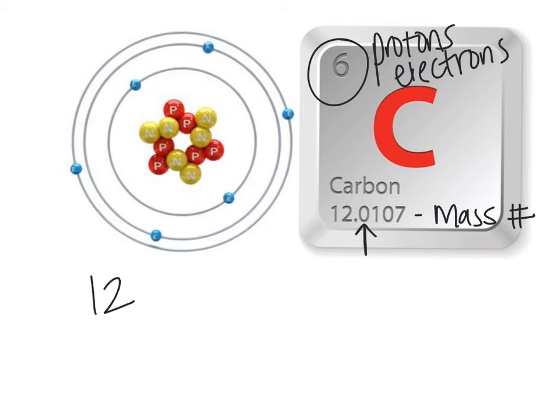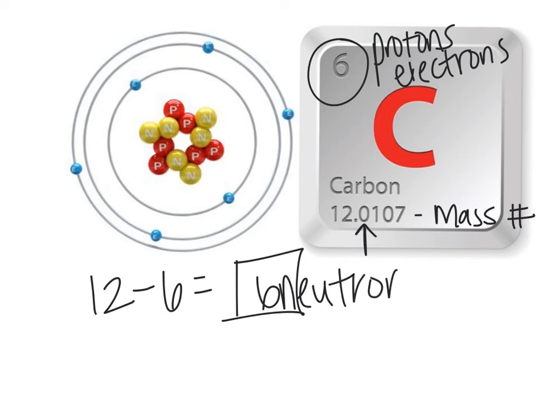Since this number is less than 5, 12 minus 6 is 6 neutrons. We can look at this little picture here. In the cloud, we have electrons. We have 1, 2, 3, 4, 5, 6. Yep, that checks off. Protons, 1, 2, 3, 4, 5, 6. Yep. 1, 2, 3, 4, 5, 6. Yep.